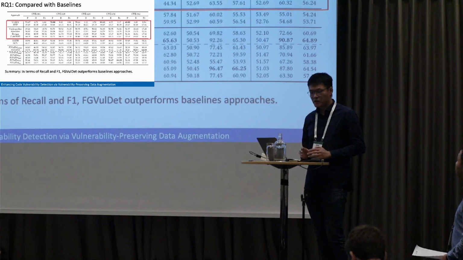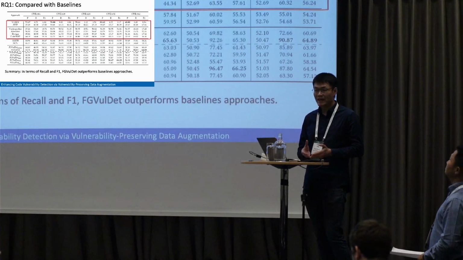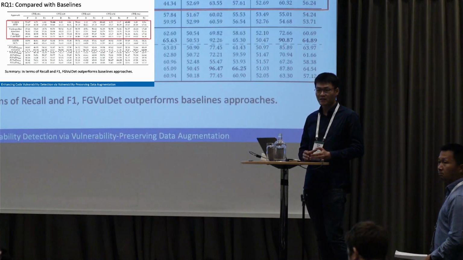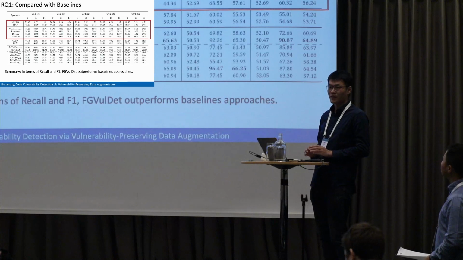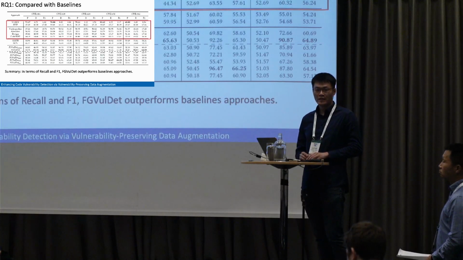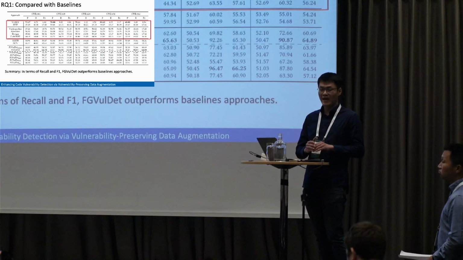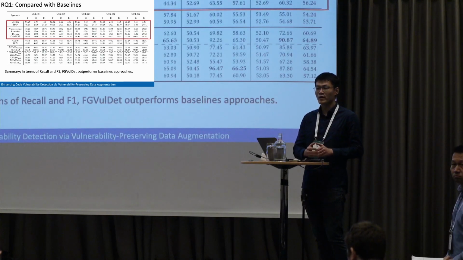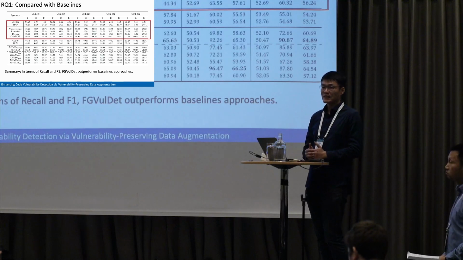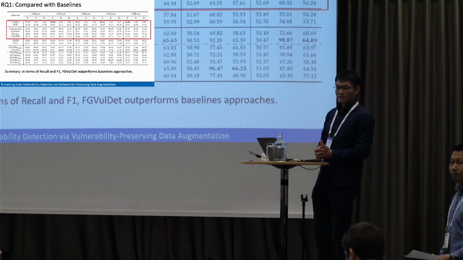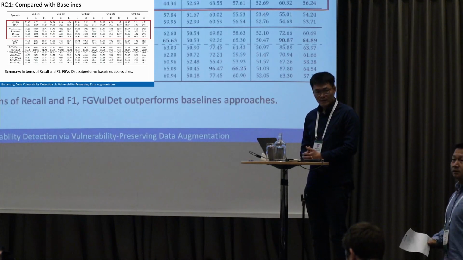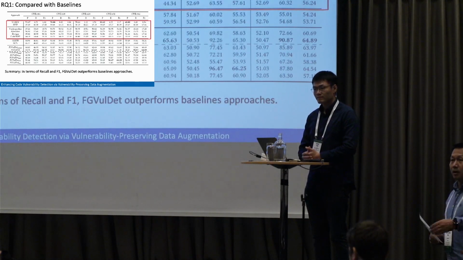Basically, the methodology of program analysis-based vulnerability detection is totally different from the learning-based approaches. So we didn't include that type of approach as our baselines. Okay, any other questions? Yes.